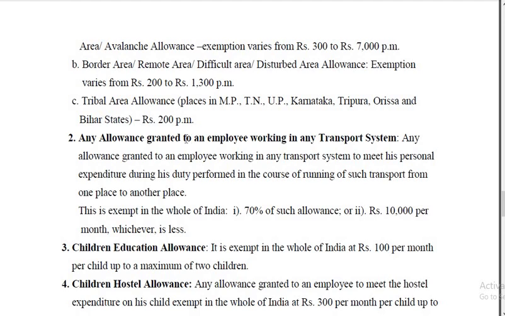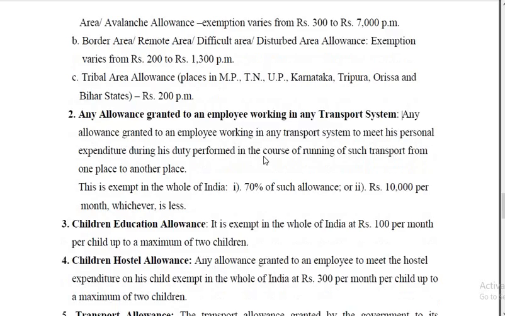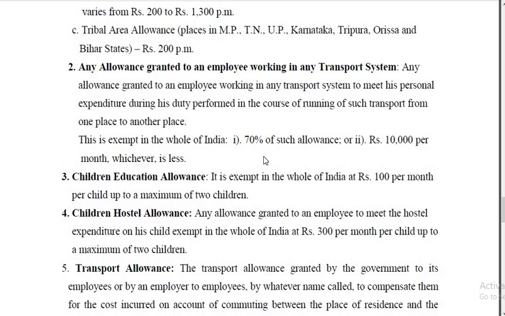Next one, any special allowances granted to an employee working in any transport system. So in this case, he will be away from his native place, and therefore he incurs certain additional expenses, of course on personal account. So in that case, he might be given some allowance, that is 70% of such allowance or rupees 10,000 per month, whichever is less, that is exempt, the remaining amount is taxable.